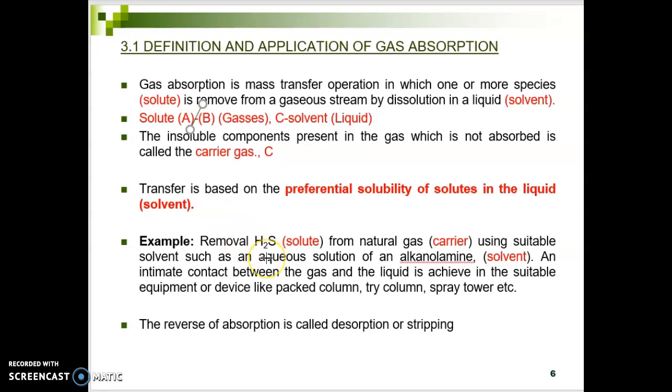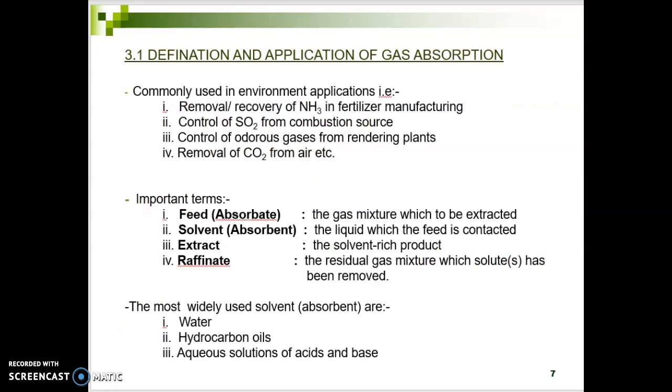There are many other applications of gas absorption. Among the environmental applications is the removal and recovery of ammonia in fertilizer manufacturing. Since ammonia gas is usually produced from the gas processing plant, we usually collect the gas to be used in fertilizer manufacturing.